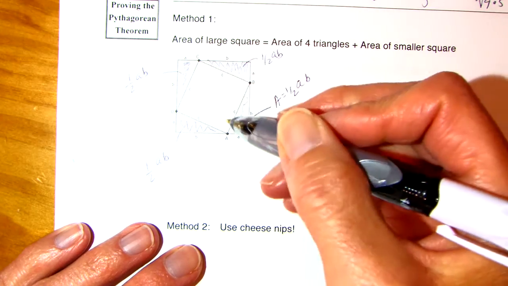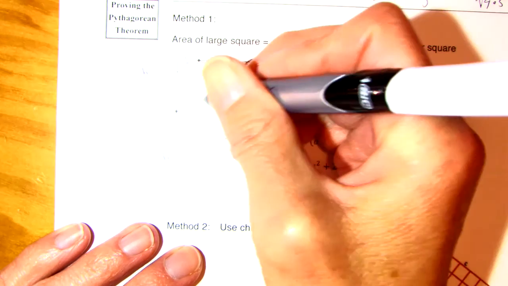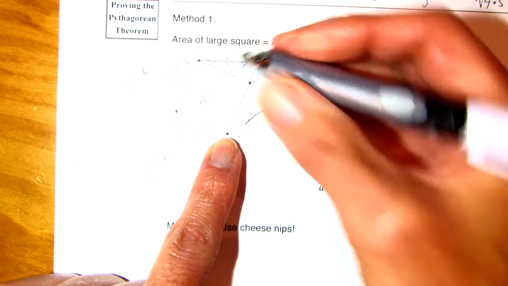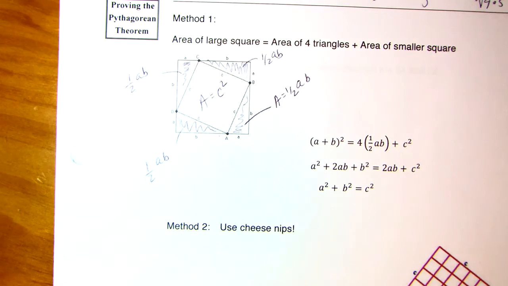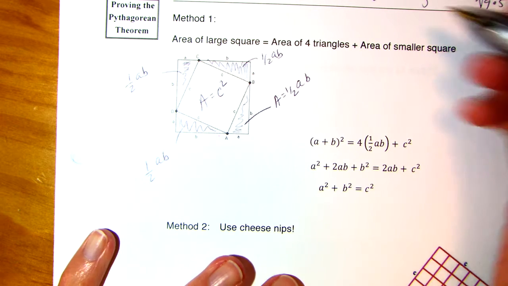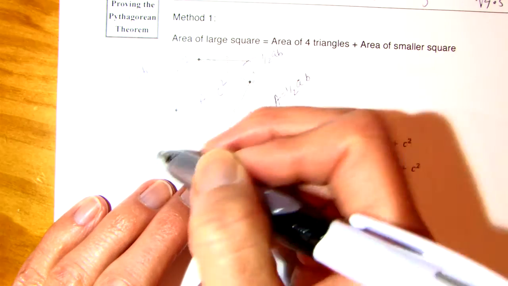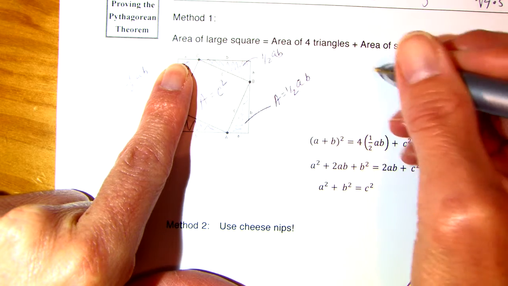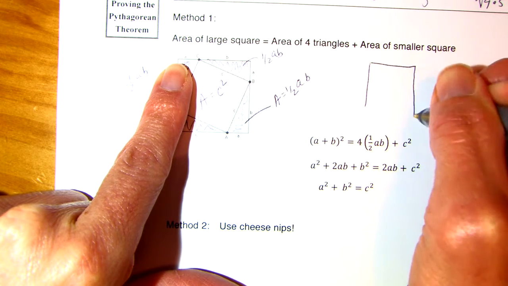And this is a square, so the area is equal to side squared, so C squared. So if I add up all of those, I should have the area of the whole thing. Okay, so here we go. The large square, this whole large square, one length is A plus B. Here, let me just draw it like this.